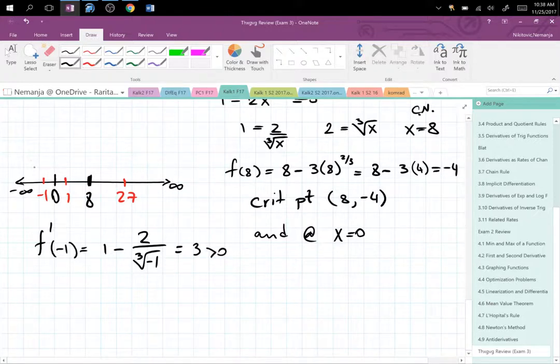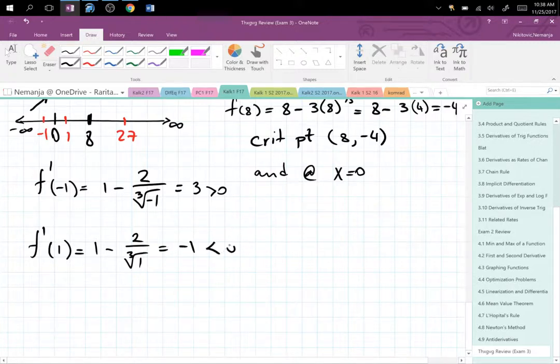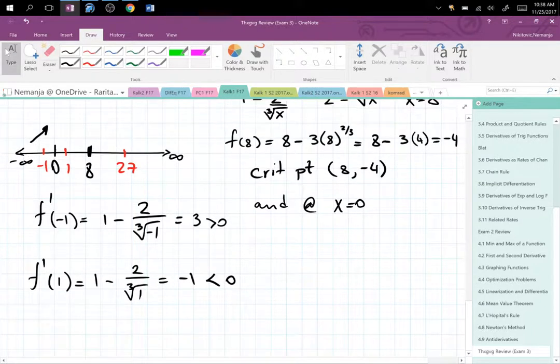Larger than 0, increase on this part. First derivative computed at 1 is equal to 1 minus 2 over cube root of 1, which is negative 1, which is less than 0. We have a decrease over here.